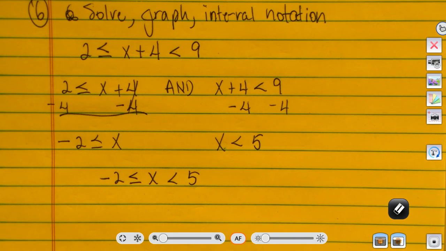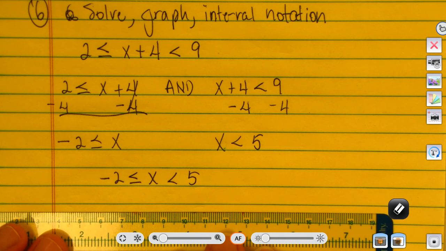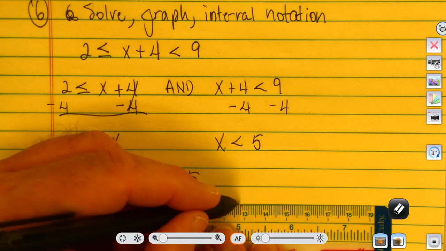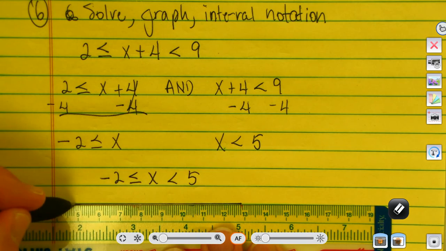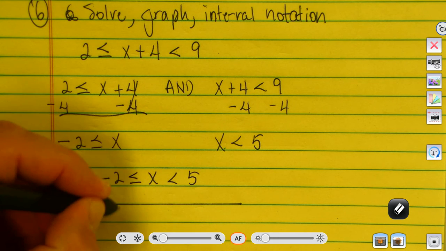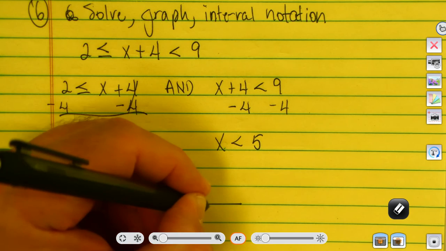That's a classic and statement. Let's think about what that's going to look like on the graph. It's actually going to kind of look like the inequality. See what I mean by that? Negative 2, negative 1, 0, 1, 2, 3, 4, 5.